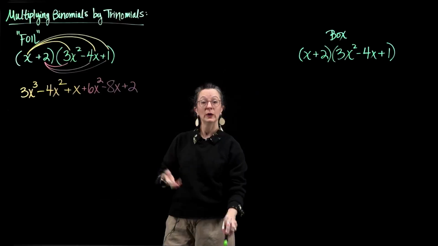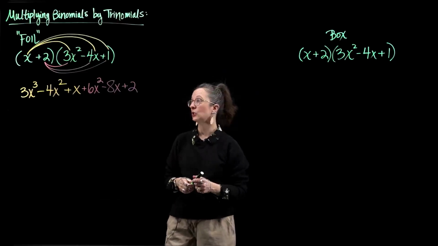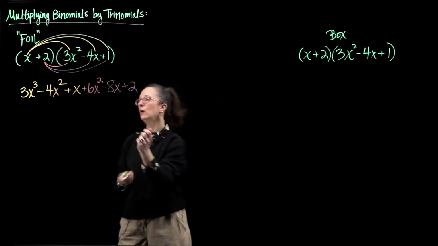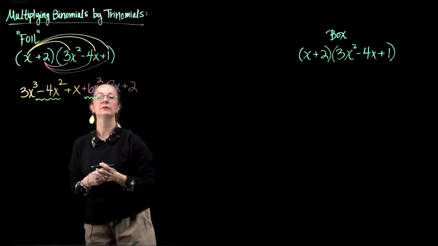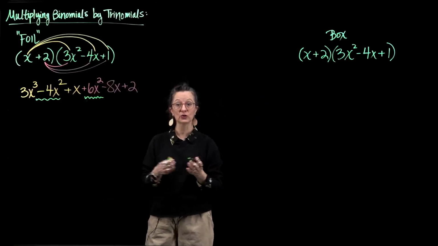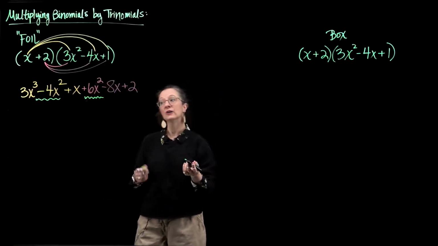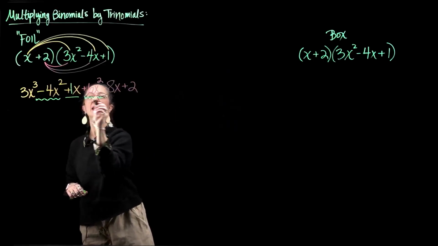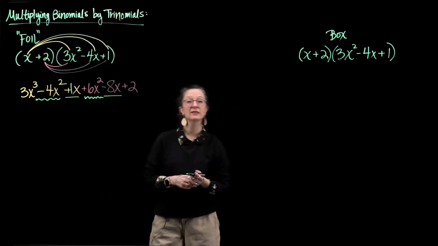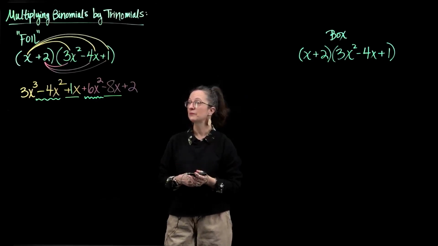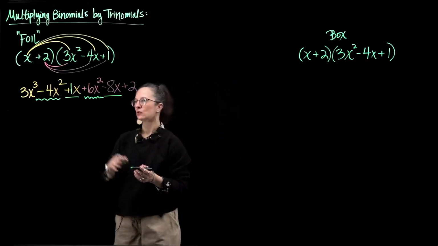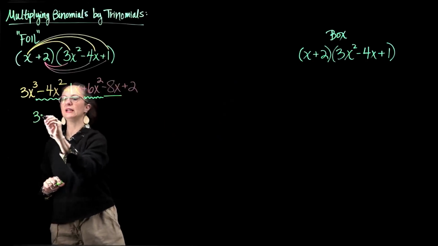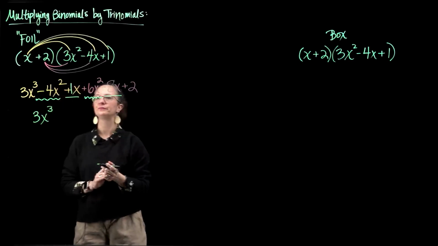That's great. We need to go back and collect up our like terms. So I have minus 4x squared and plus 6x squared. Those are like terms. I also have plus 1x and minus 8x are like terms. So let's simplify this a little bit. So I'll write down 3x cubed.